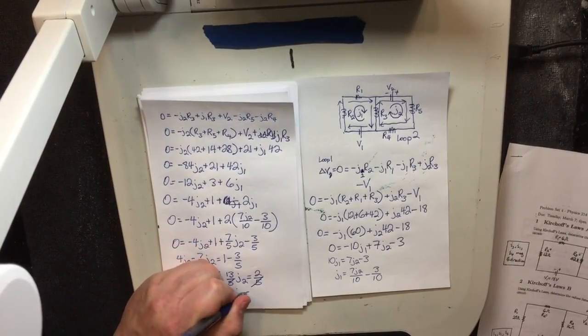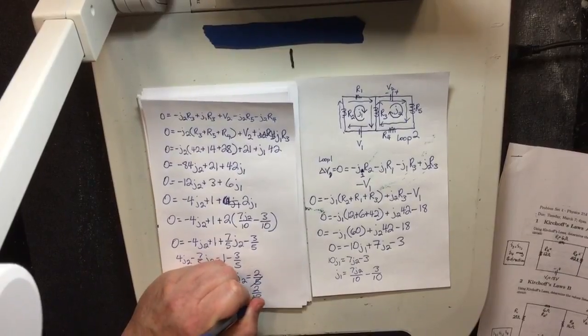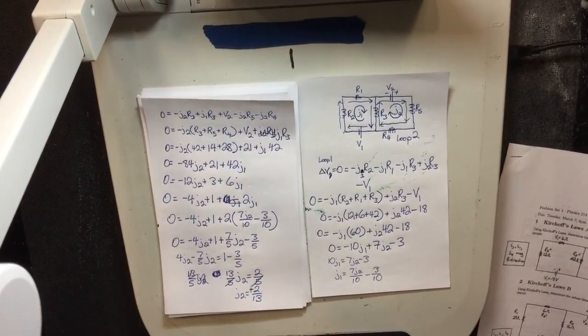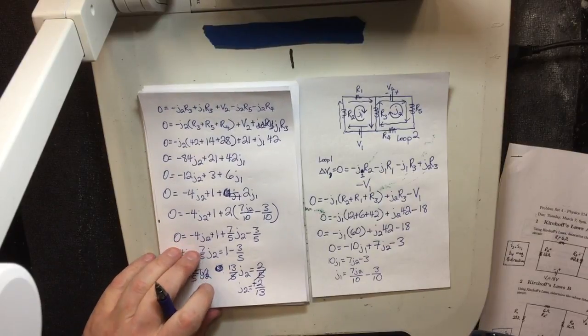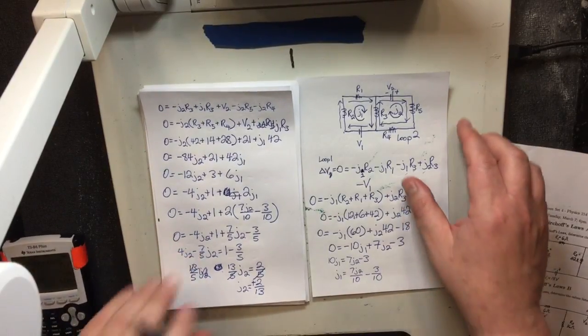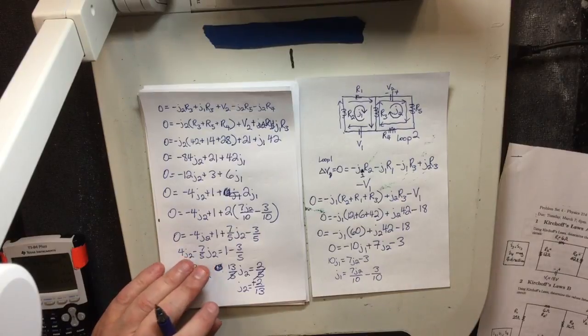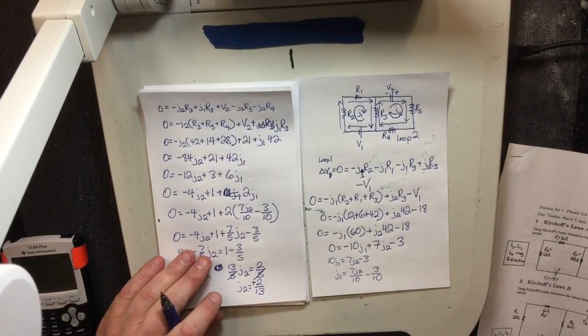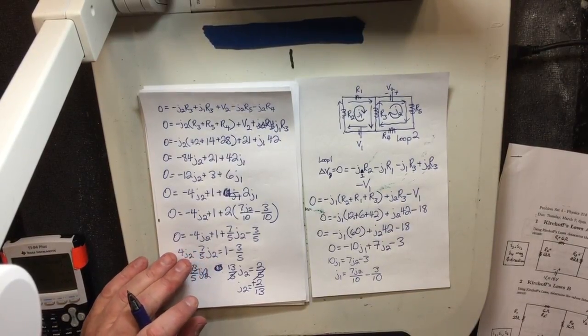So J2 is equal to 2/13, and it's a positive 2/13. I would keep it in fraction form until the final answers.